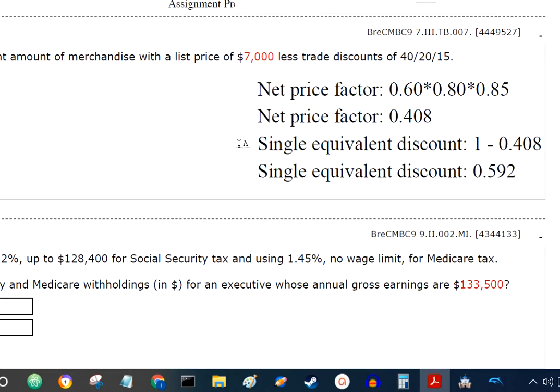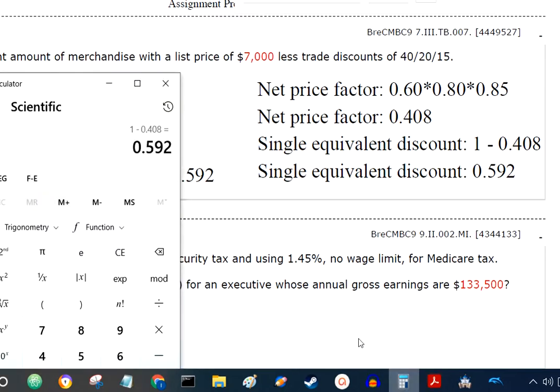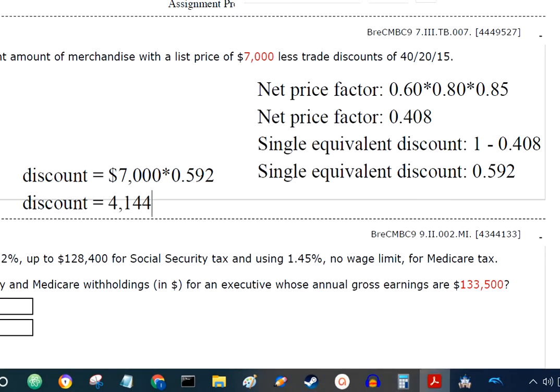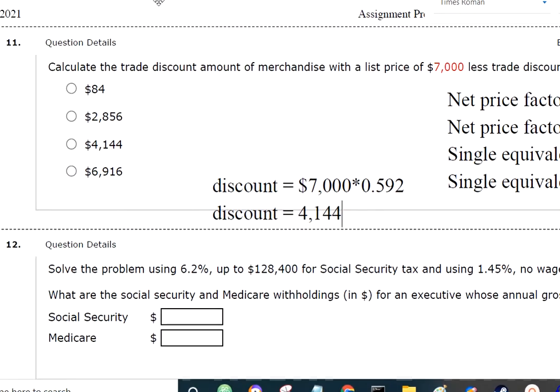Okay, so the discount that they're looking for is just the 7,000 times the single equivalent discount. So 7,000 times 0.592. So $4,414 is the discount.